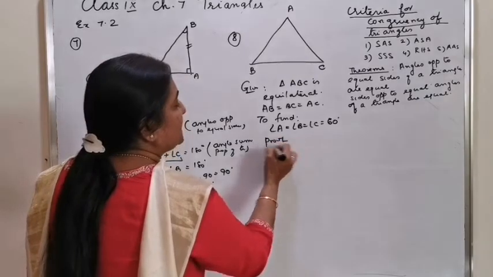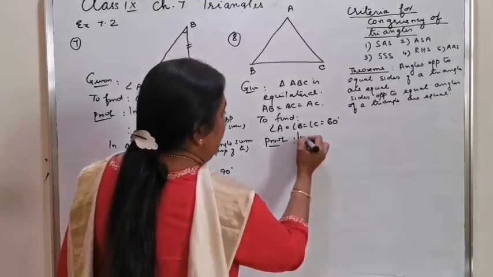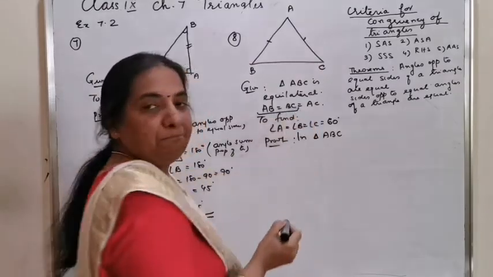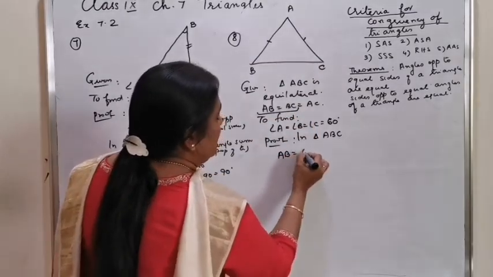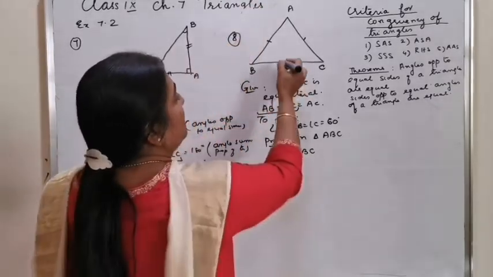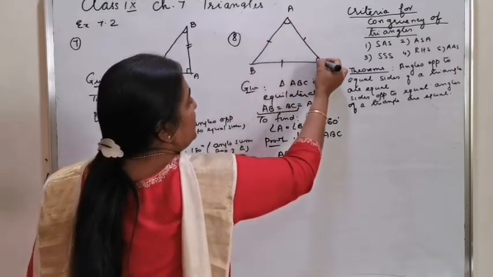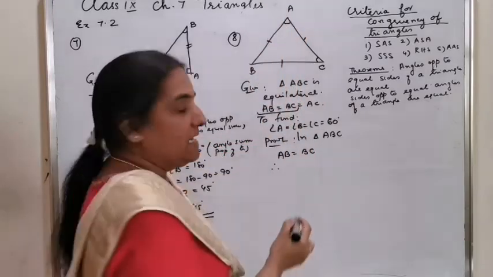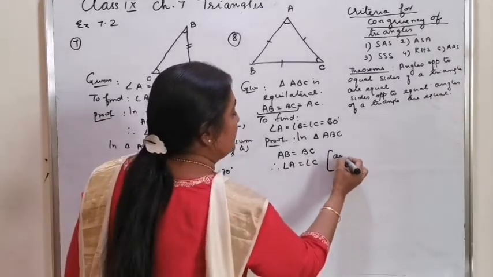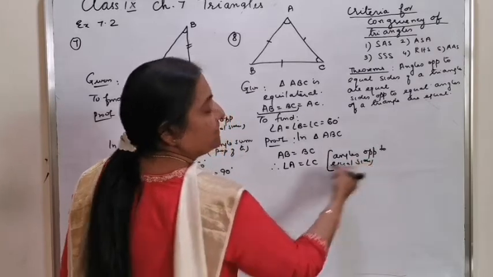So the proof, let's take two sides at the same time. In triangle ABC, first take the pair AB and BC. AB equal to BC, therefore, if AB and BC are equal, opposite to AB is angle C and opposite to BC is angle A. Therefore, angle A equal to angle C, the reason is angles opposite to equal sides.